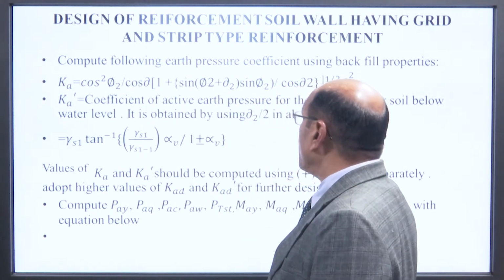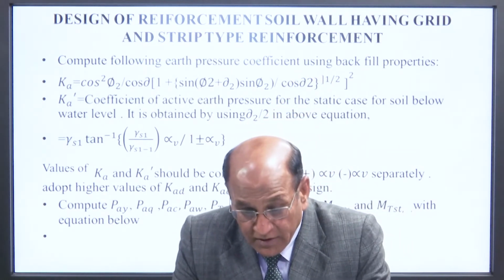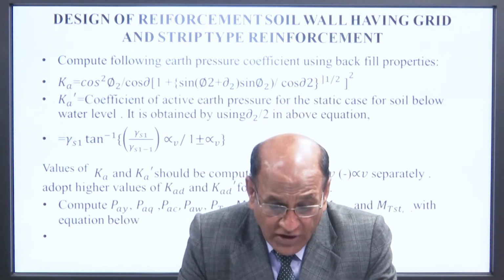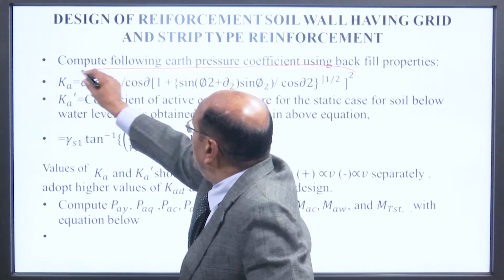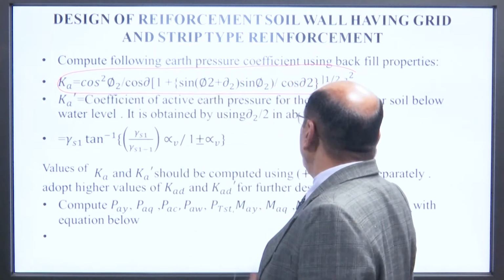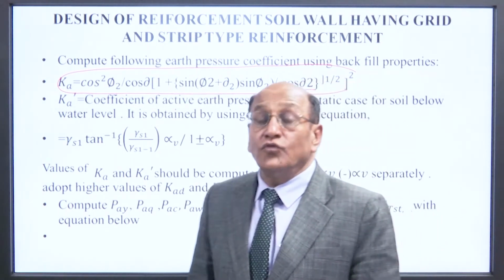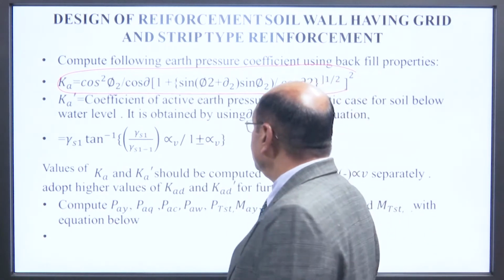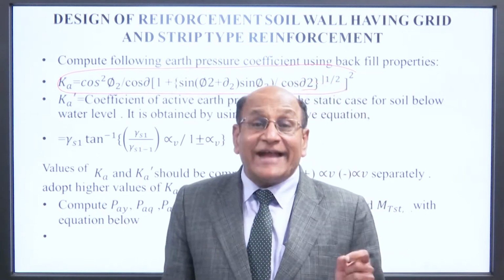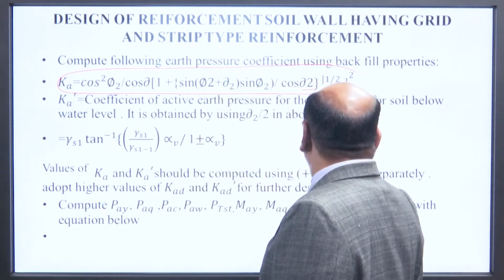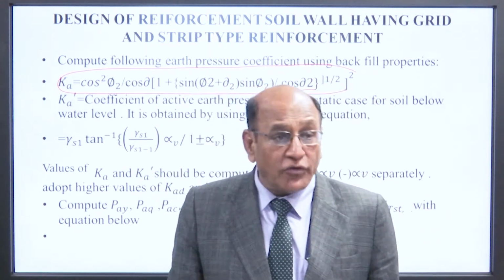So first of all, we have to compute the earth pressure coefficient using the backfill properties. So Ka we can get by this equation. Putting the values, we can get it. Here delta 2 is 2/3 of the internal friction. So Ka dash, the coefficient of active earth pressure for the static case for the soil below water level, is obtained by using delta 2 by 2, which I have already told.